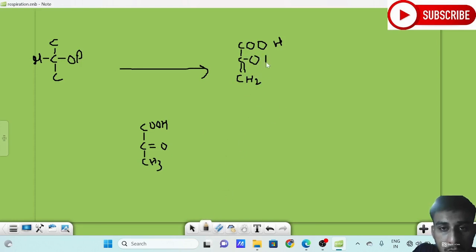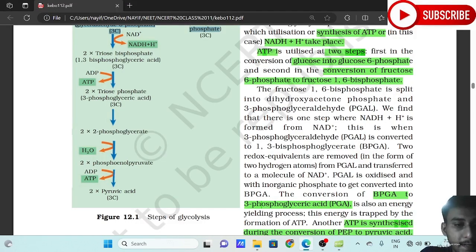This is the structure of phosphoenol pyruvate, the second last substrate. So this is 2-BPG. 2-BPG gets converted into phosphoenol pyruvate, the second last structure.